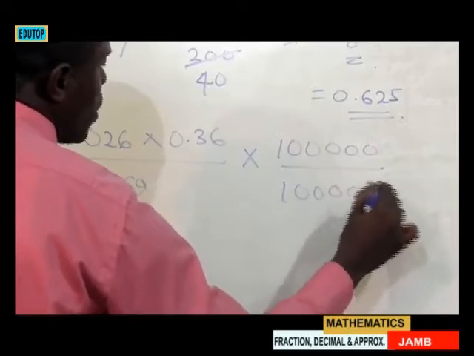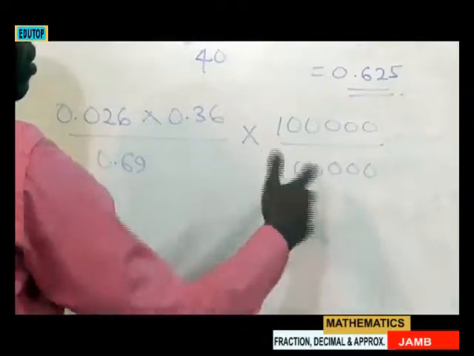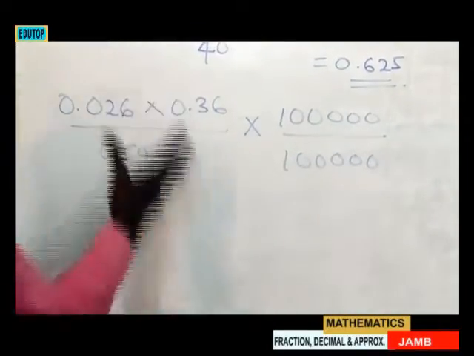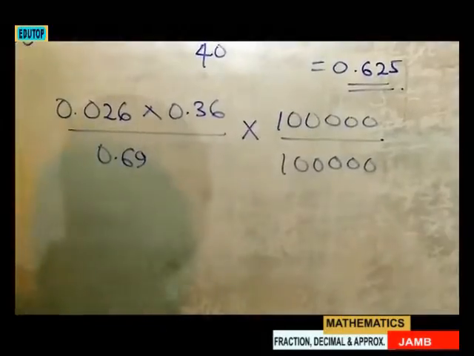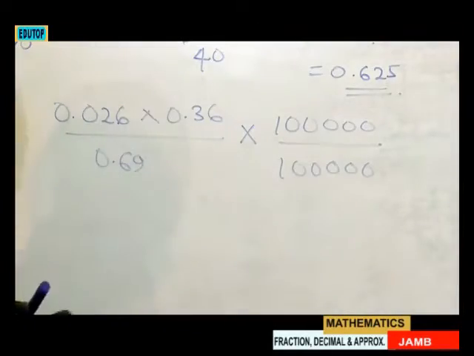The essence of doing this is to remove the decimal, since this divided by this gives us 1, and 1 times this fraction, we still have this fraction back.